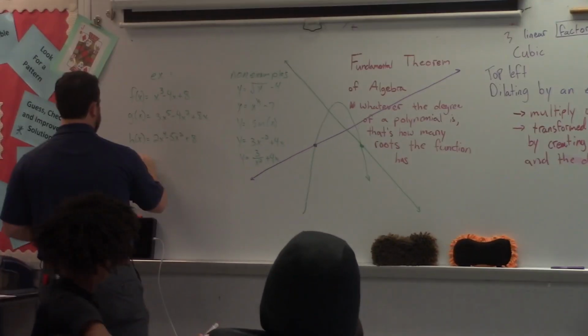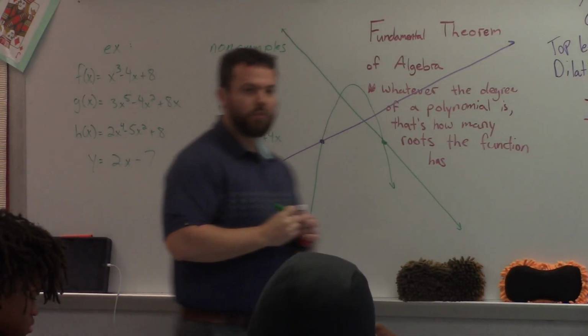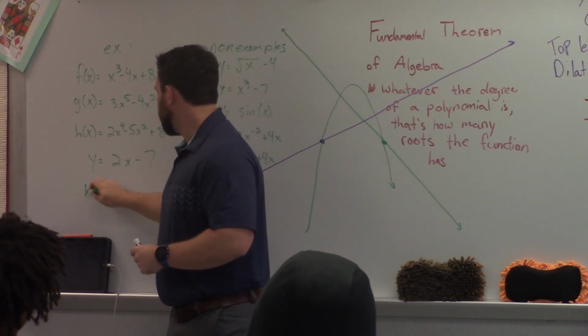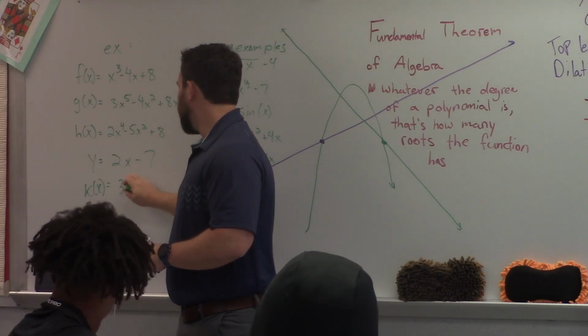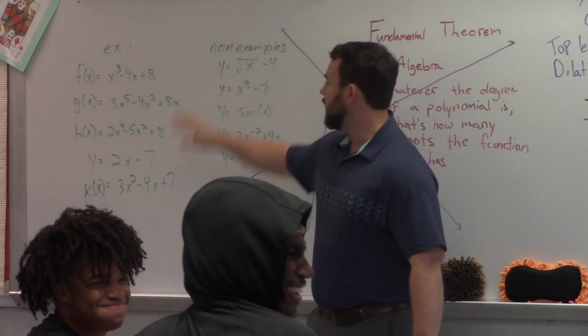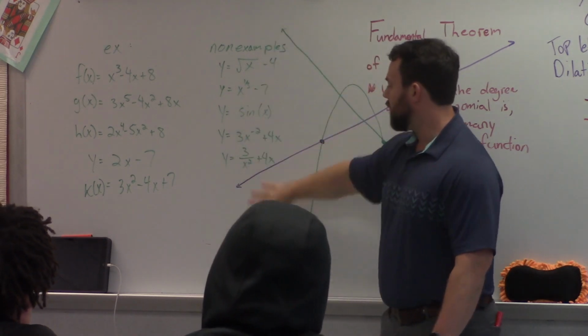Let me add one more in there. Those are some examples of polynomials. I want to make sure that we build a strong understanding here. So we've got examples of polynomials here, and then these are not polynomials.